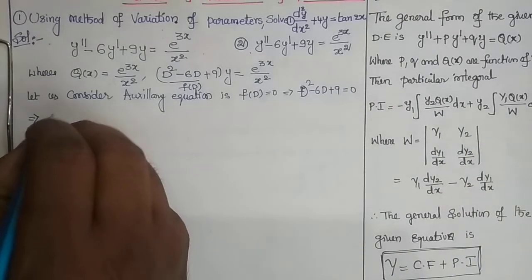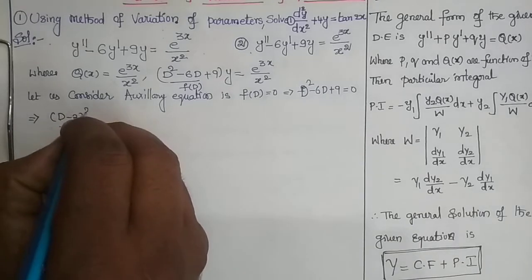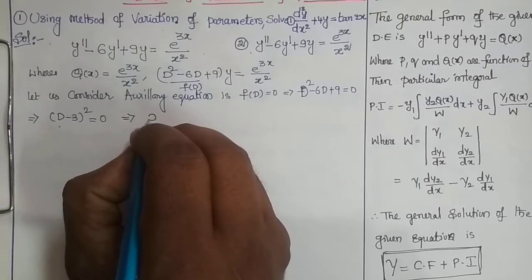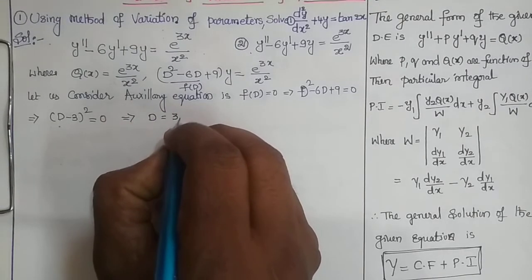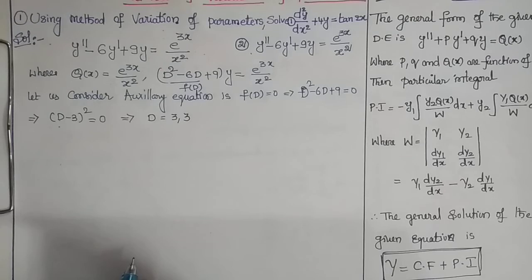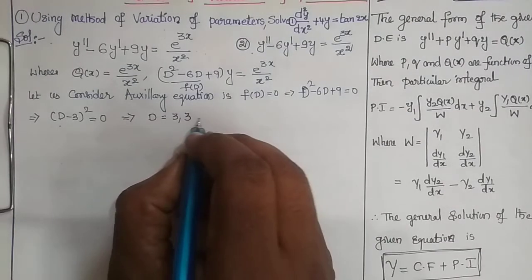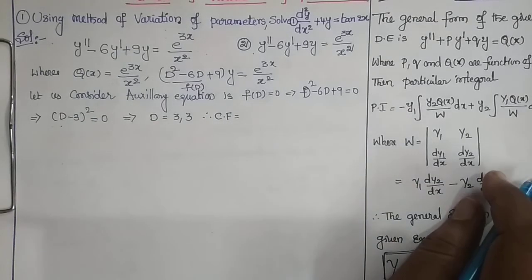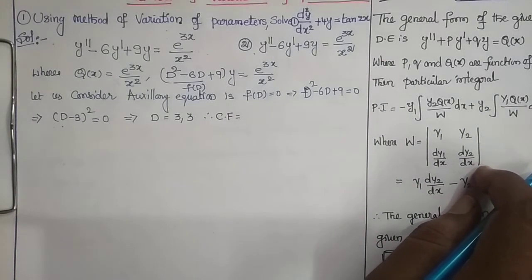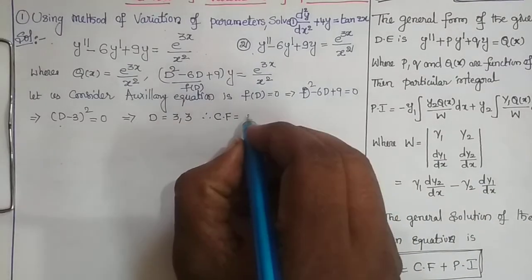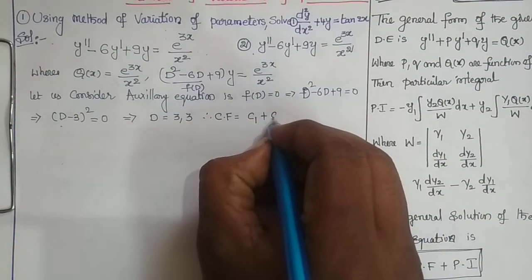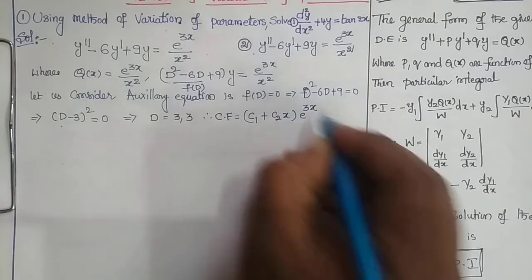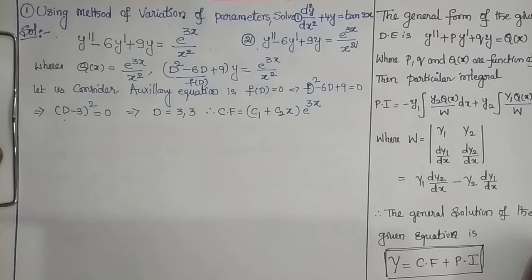It can be written as d minus 3 whole square, which means d is equal to 3, 3. These are the roots, so these are real and repeated roots. For the complementary function, we recall that for repeated real roots it is c1 plus c2x into e power mx. So that means c1 plus c2x into e power 3x. This is the complementary function.